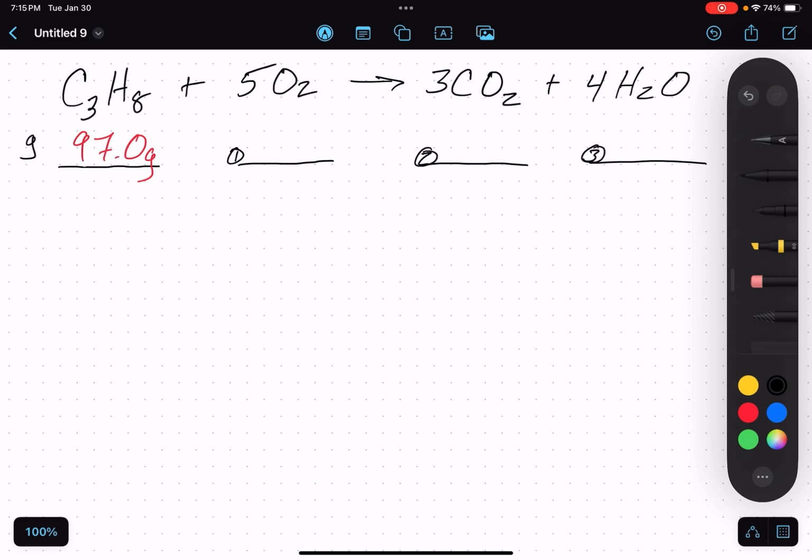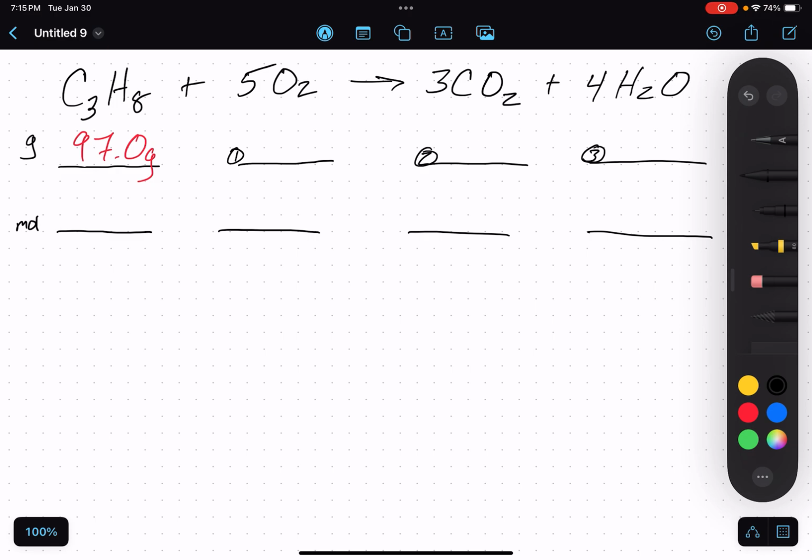I'm also going to put a section down here for moles, and that way we keep track of everything that we're doing. I sometimes think if you put things in an organized way, it makes things a little bit easier.